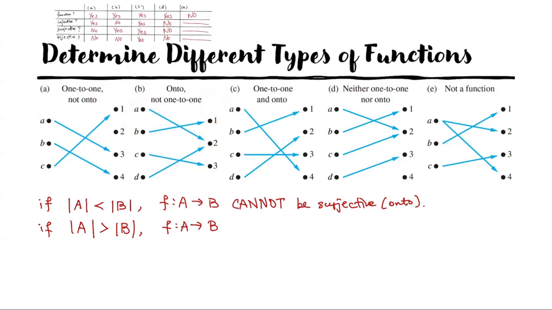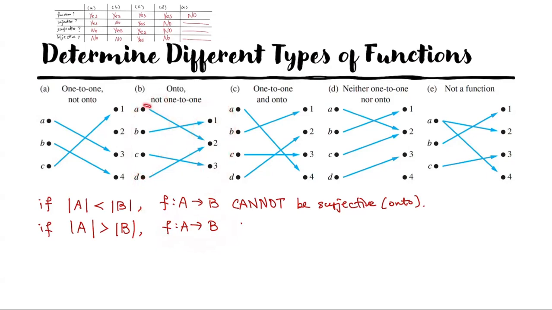So if we cannot form a bijective function, it must fail to be injective or surjective. If we have more input elements than output elements, what can we tell about the function? Well, now you have enough input for the outputs, since you have more input than output.